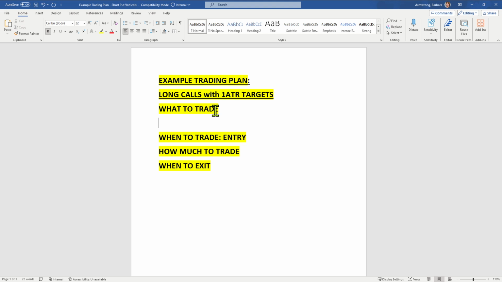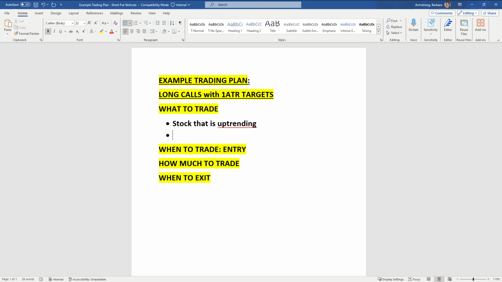Well, this is a bullish strategy. So when we're looking at what to trade, we're looking for a stock that is uptrending, in other words, that is gaining in value. Now, some people may also say, I would like to see that the sector is uptrending and that the market is uptrending also, because if all of those things are in alignment, some traders might see that as a position of greater strength.